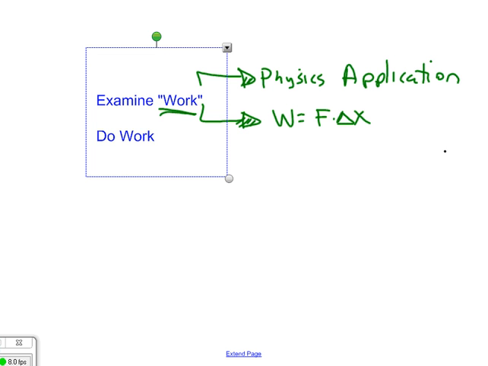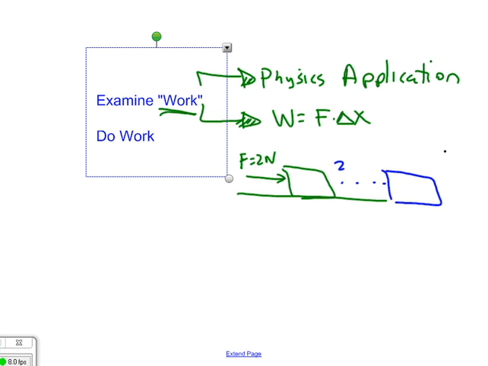This is what you would have learned in a physics class if it were not using calculus. So the idea is, imagine there's a block and you're going to push this block with a force of 2 newtons. That's the measurement of force. And you're going to push it 3 meters.